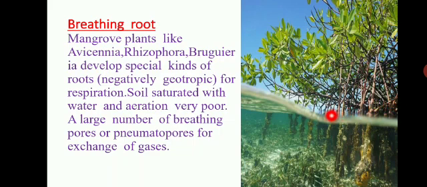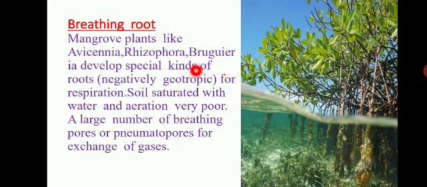In the characteristics of root, all the roots are positively geotropic in nature. Positively geotropic means the root moves towards the inside of the soil due to gravitational force. But in the case of a breathing root, they are negatively geotropic in nature, because of their respiration function.